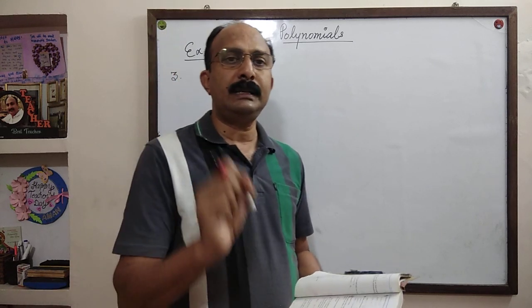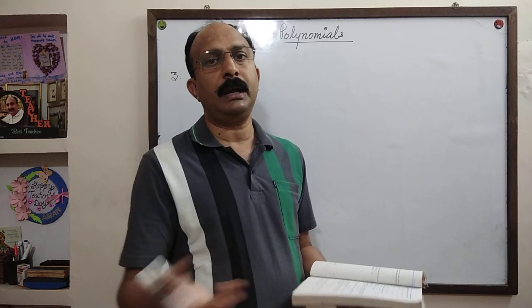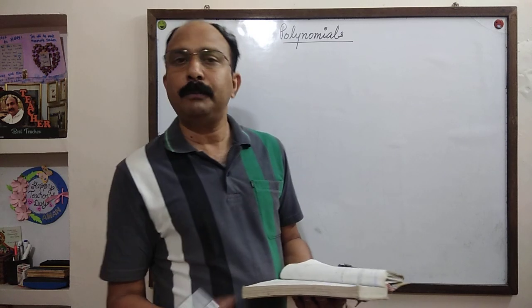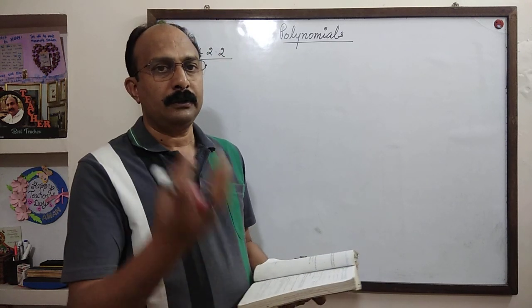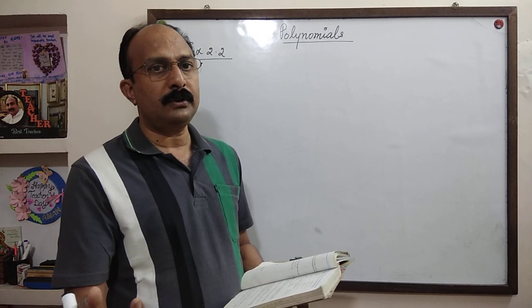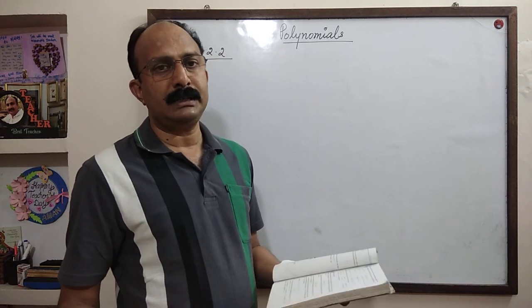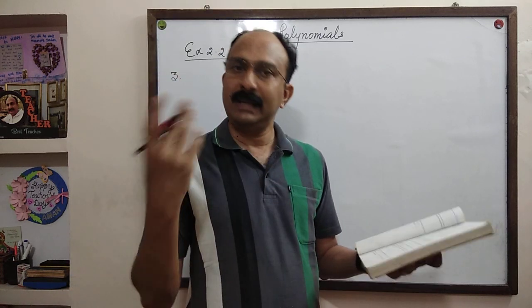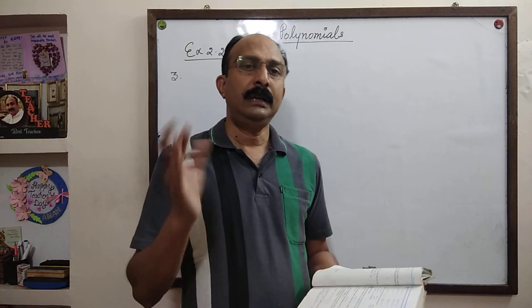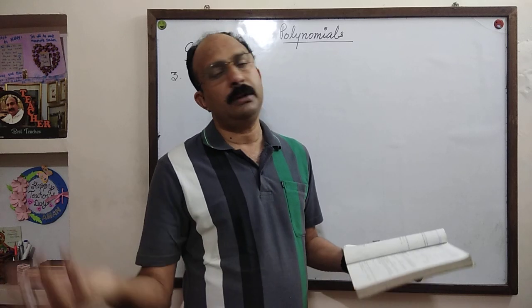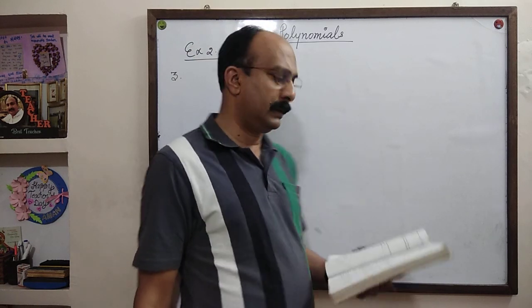Wherever you get the answer not equal to 0, you will write no, it is not the 0 of the polynomial. That's all. So, take the given values of the variable, put them in place of the variable and check the answer. If the answer is 0, yes, it is the 0. If the answer is not 0, no, it is not the 0 of the given polynomial.